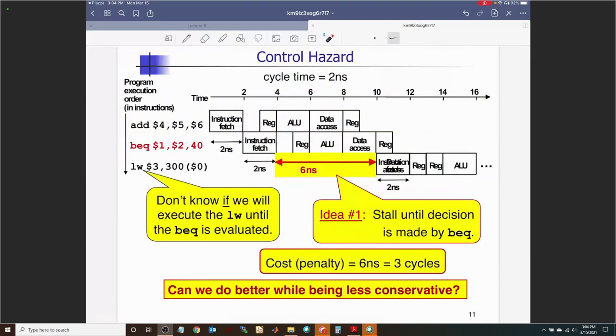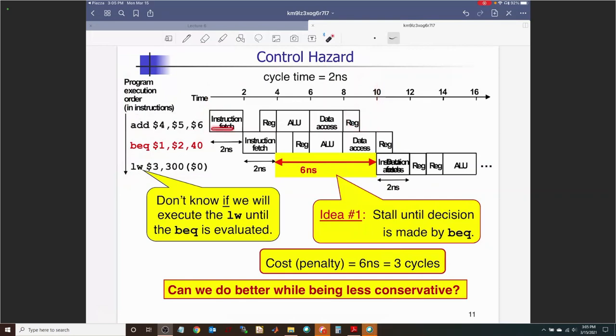So let's take a look at some of the things we could do here. This is the control hazard situation. We have an execution order over here where there's an add instruction followed by a branch when equal, and then followed by a load word instruction. So the add instruction takes up time from 0 nanoseconds all the way to 10 nanoseconds, if you consider each stage as 2 nanoseconds.